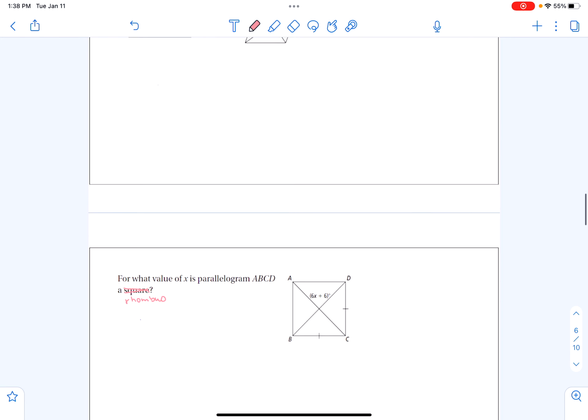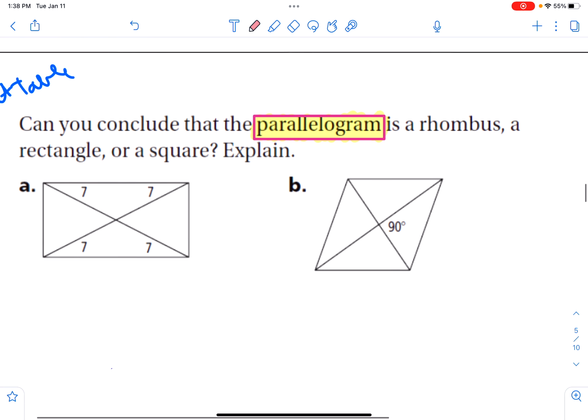So we'll do a couple of the other math ones. This one just wants to know, if they're telling us it's a parallelogram, is it a rhombus, rectangle, or square? And this one should be a rectangle. And the reason is just because this is 14 and so is this.